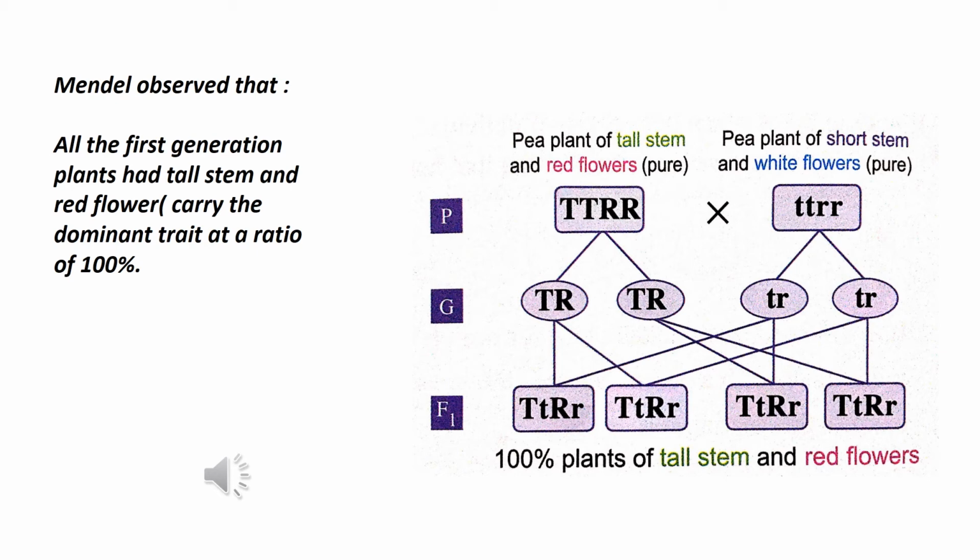When gametes aggregate in the fertilization process, they form capital T small t, capital R small r, and so on. So the first generation has tall stem and red flowers.